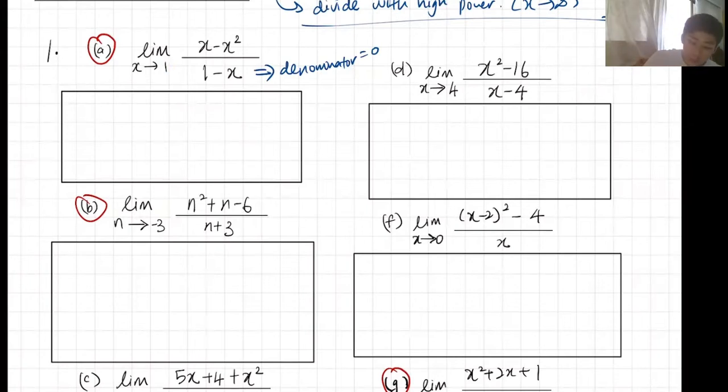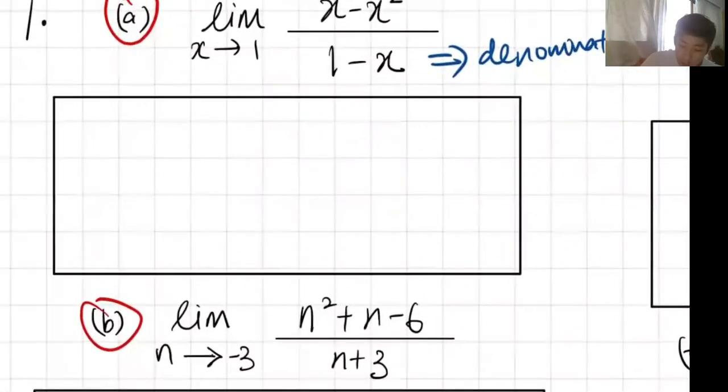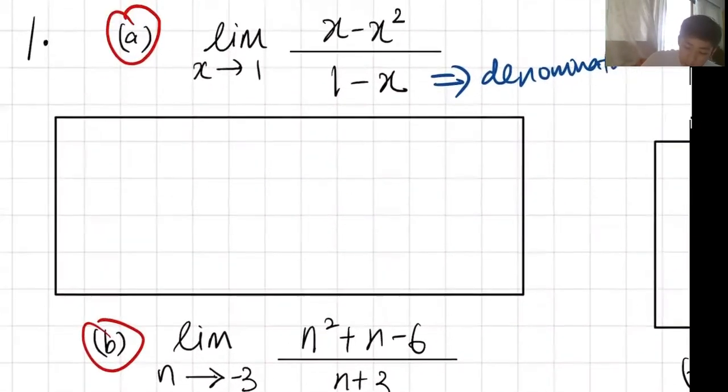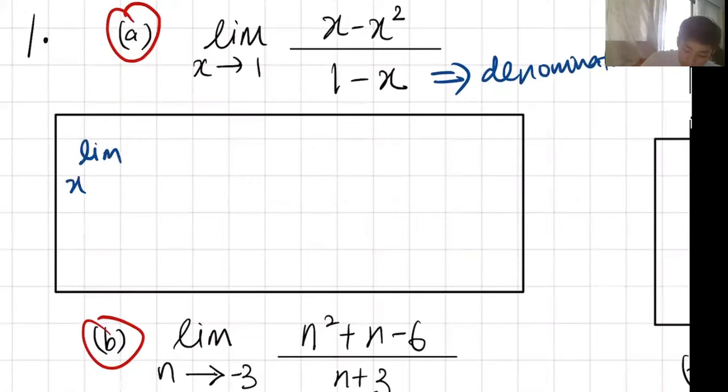So what you do while factorizing is you continue. I'll try to make it bigger when I'm solving this question. You have limit of x approaching 1. This is how you mention it. This is called x approaching 1, not x equals 1, because for x equals 1 they'll give you the equal sign. Don't forget, when you have a limit next to it, you just write the function next to it.